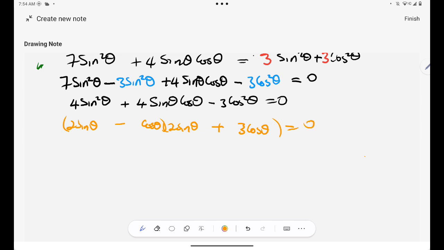Okay, so therefore this thing simply means that I have, 2 sine theta minus cos theta is equal to 0, or 2 sine theta plus 3 cos theta is equal to 0, right?